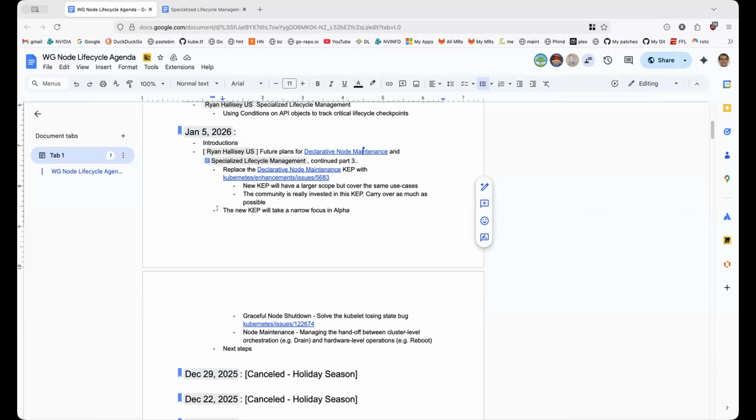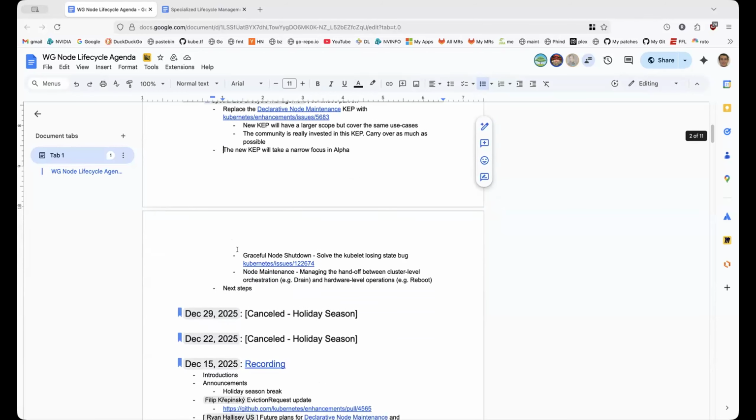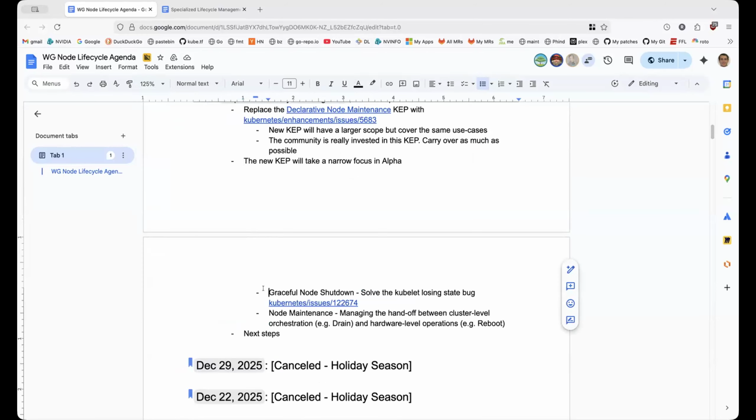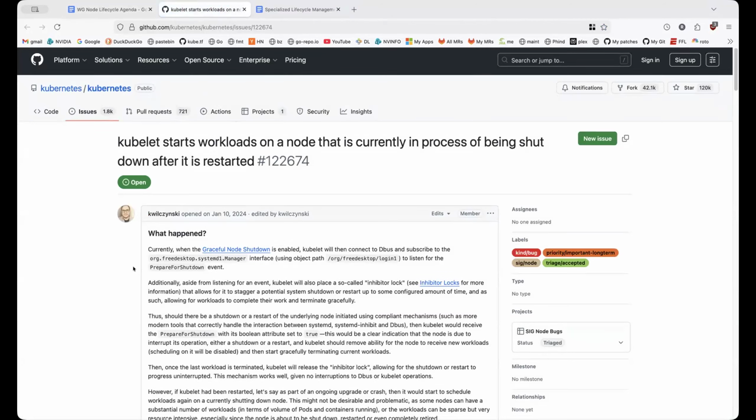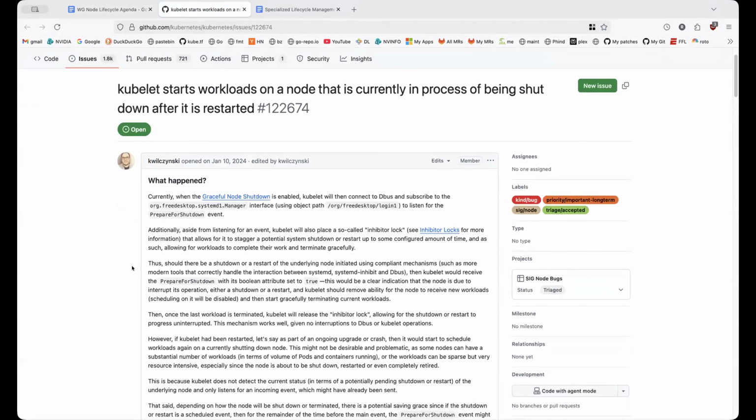And this is to take a very narrow focus for an alpha release and focus on two things. So I have listed here the graceful node shutdown, this specific bug from graceful node shutdowns, I think would be a really good one. This is the one when kubelet is essentially lost because it's lost its state.